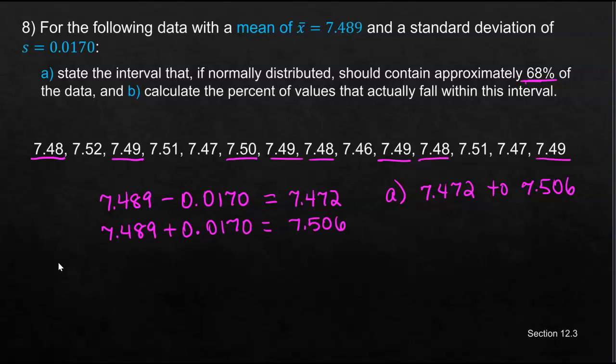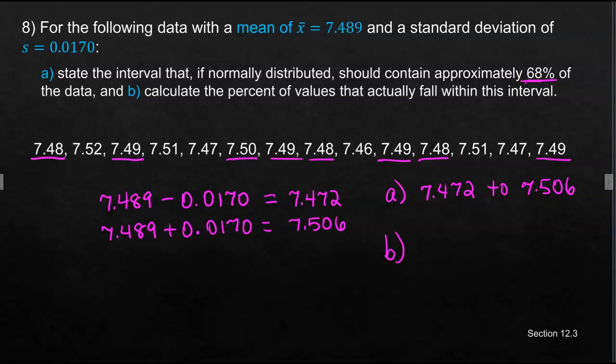So you can see 7.47 is close, but it's not in the range because it doesn't have a 2. That's like looking at it as 470 versus 472, so it's below the range. Of course, 46 is below the range. 51.51 is above the range. So those don't count in our data. Okay, so 1, 2, 3, 4, 5, 6, 7, 8.